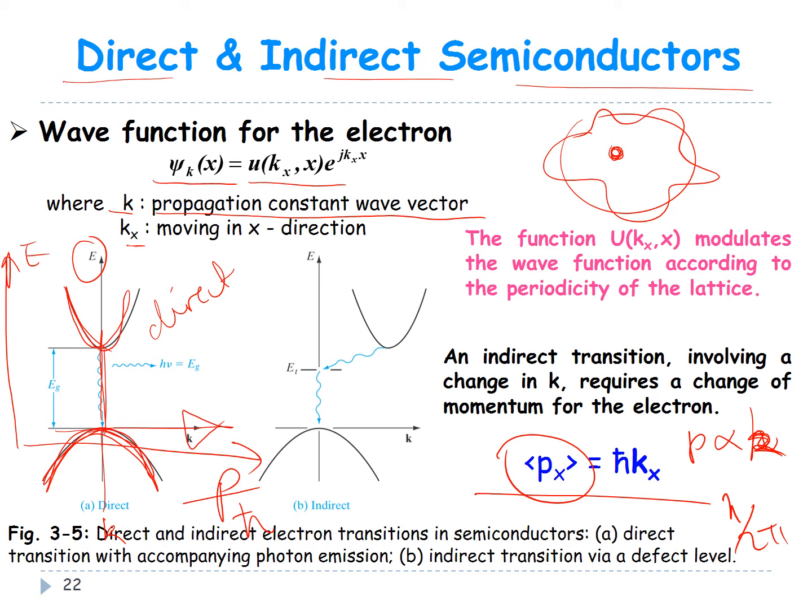So what this means is that when an electron falls from the conduction band to the valence band, it does that without a change in momentum.